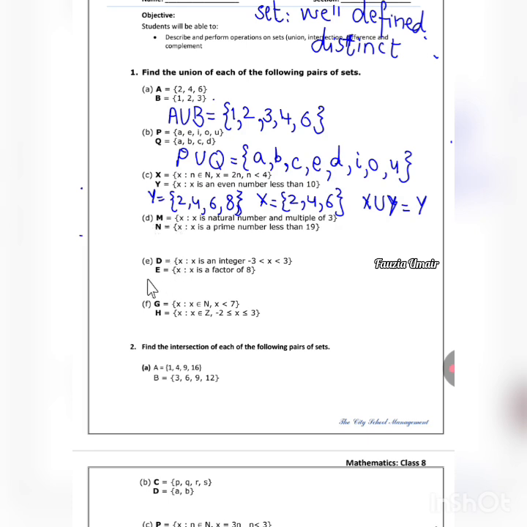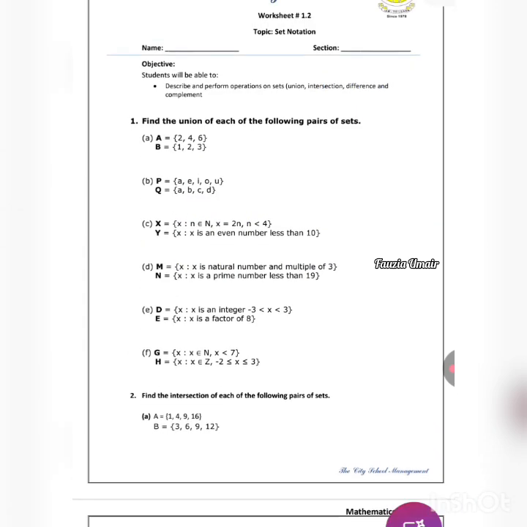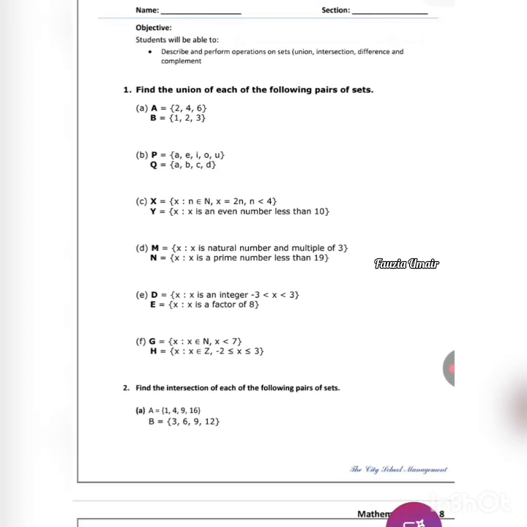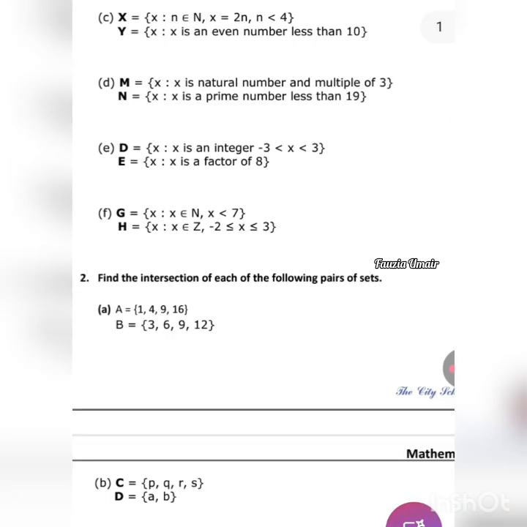So D part is again a question where the sets are written in set notation form. So let's quickly discuss that. X is a natural number and a multiple of 3. So M is X such that X is a natural number and a multiple of 3.